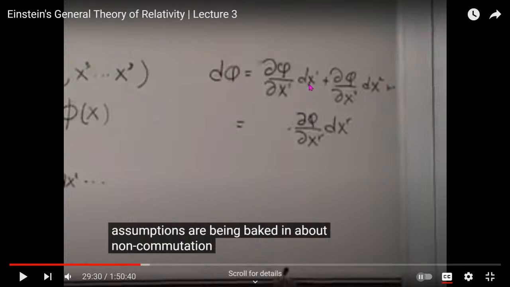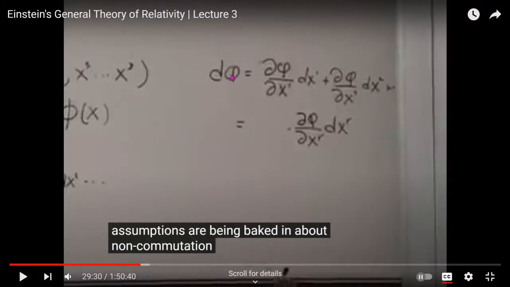So given a change dx1, dx2, and so on, this is the function value. You can think of it as x and y, and phi is z, or z is the height. Let's say it's a terrain. I always think of it as a mountain terrain. So I'm somewhere on the mountain terrain.